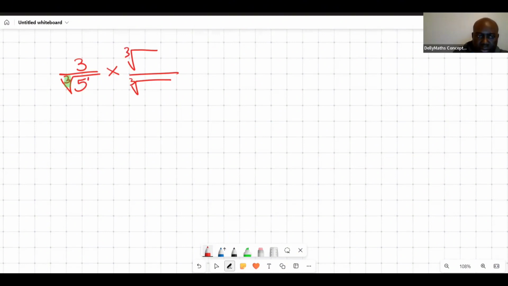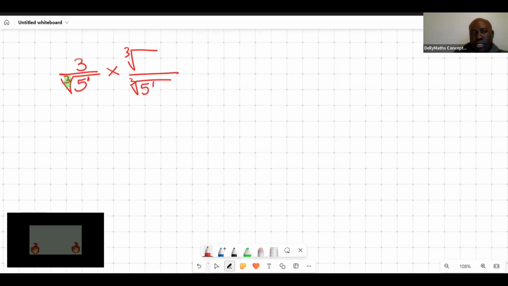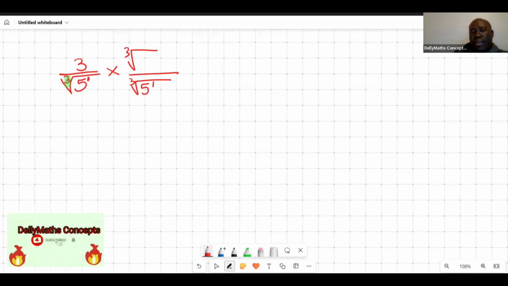Remember that this 5 is just 5 raised to the first power. If I put 5 to the first power here, it's not going to give me what I want. I'm going to have to raise it to the second power.